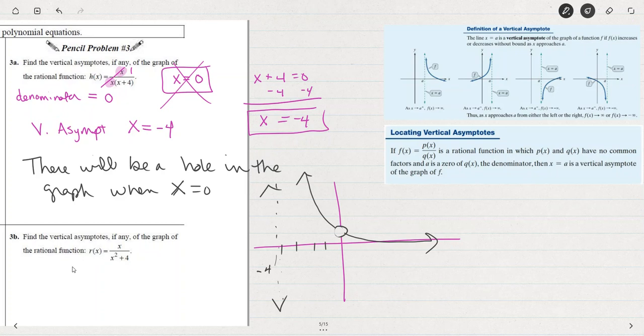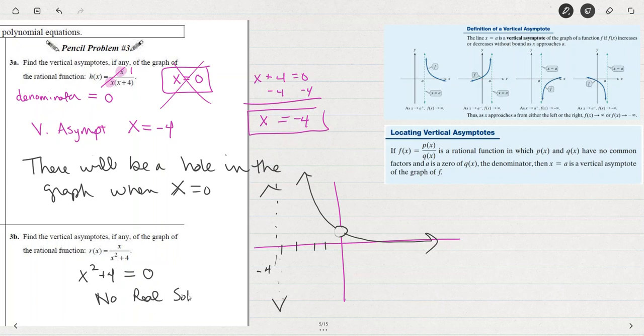When we look at the second example, the vertical asymptotes, when we have f of x, or r of x equals x over x squared plus 4, this x squared plus 4, do you recognize it already? There we have again a sum of squares, and when we set this equal to 0, there's no real solution.